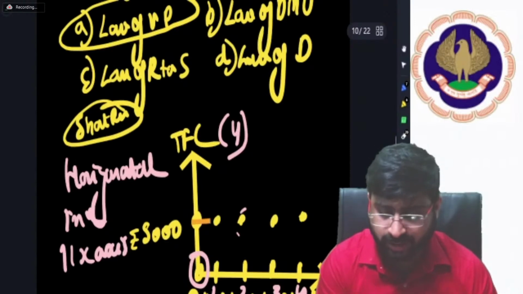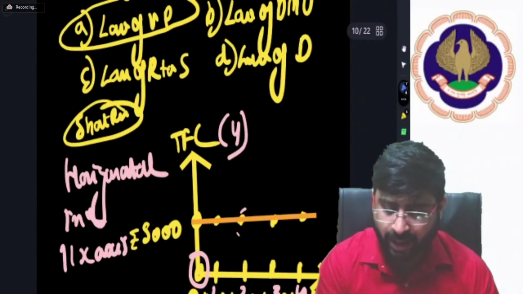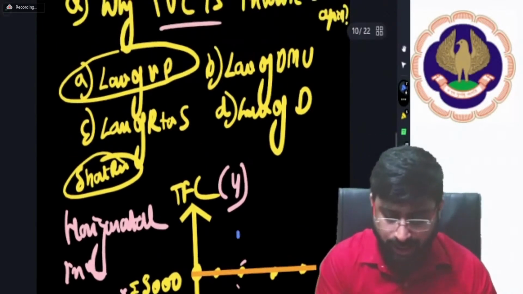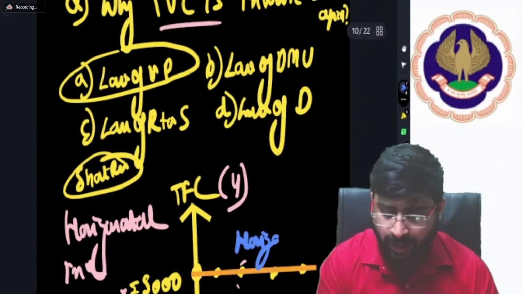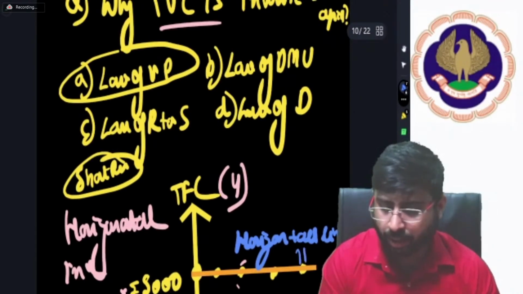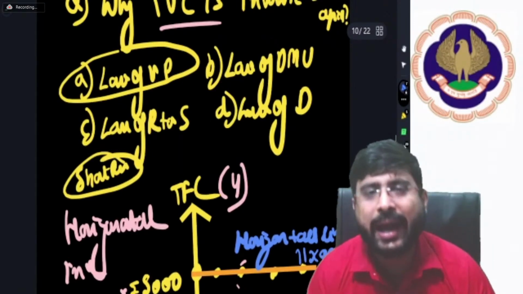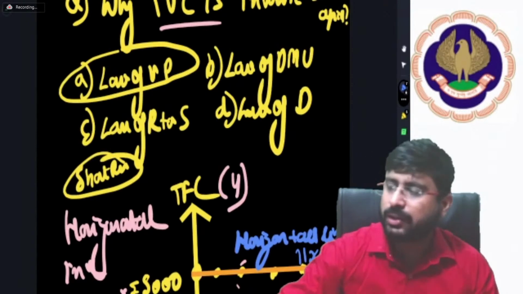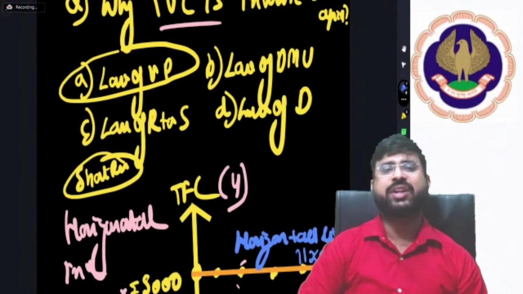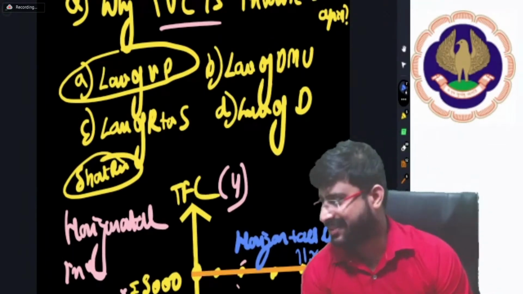If you join this graph, you will get a straight line parallel to x-axis. You are getting a horizontal line parallel to x-axis. Understood, friends?